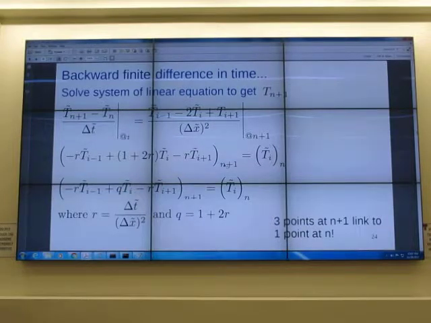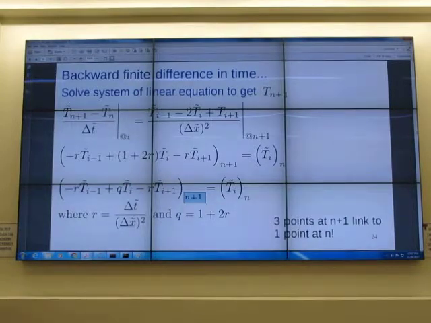Everything that is on n, I put on the right hand side because it's known. Everything that is unknown, which is defined at n plus 1, I put on the left hand side. So after you do the math, you get minus R Ti minus 1, plus Q Ti, minus R Ti plus 1. And they are defined at n plus 1.